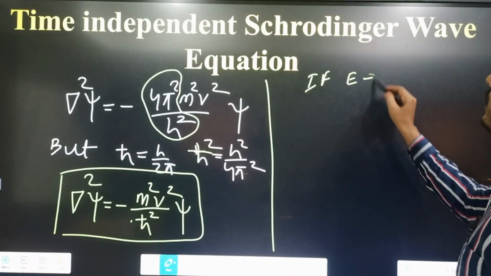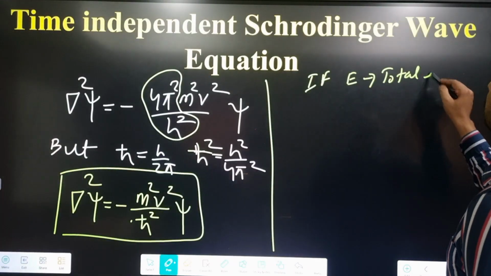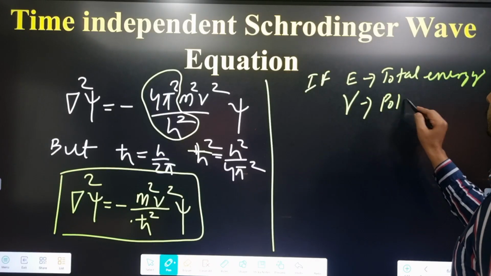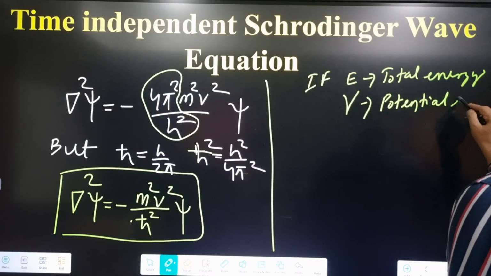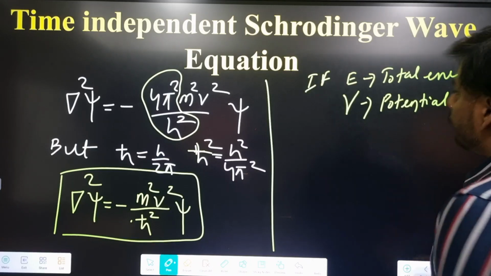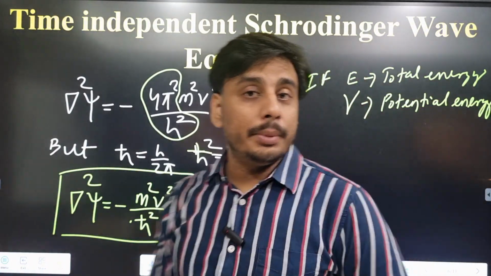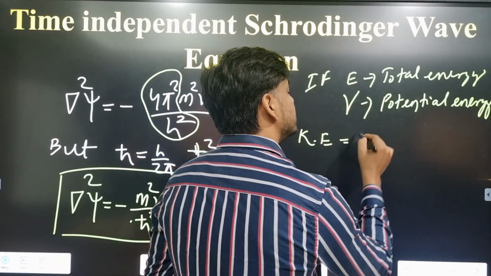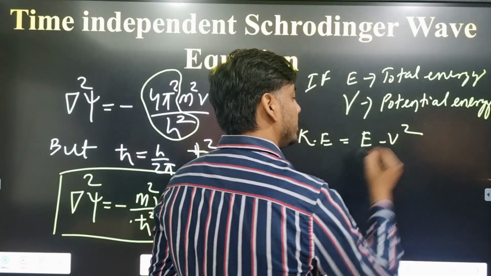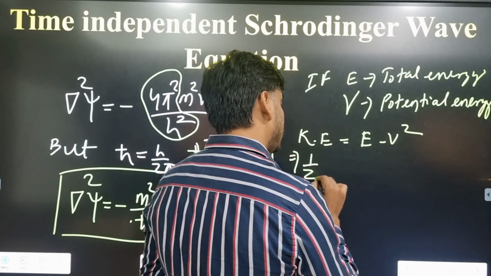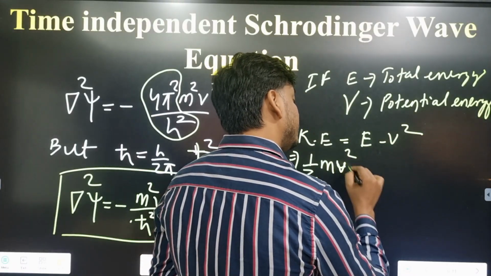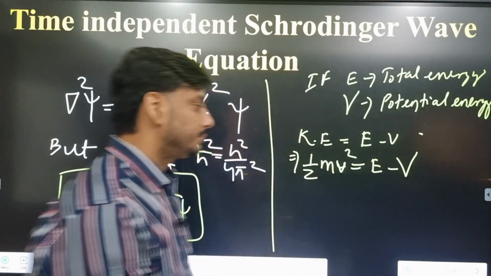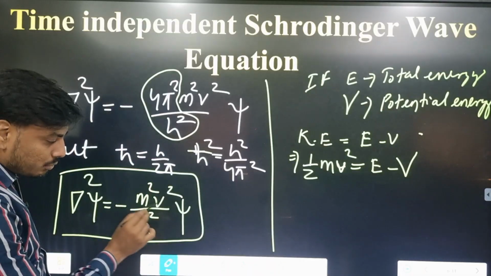If capital E is total energy and V is potential energy, then kinetic energy will be total energy minus potential energy, that is the mechanical energy. So kinetic energy is nothing but half m v square equal to E minus V. We need here m square v square.